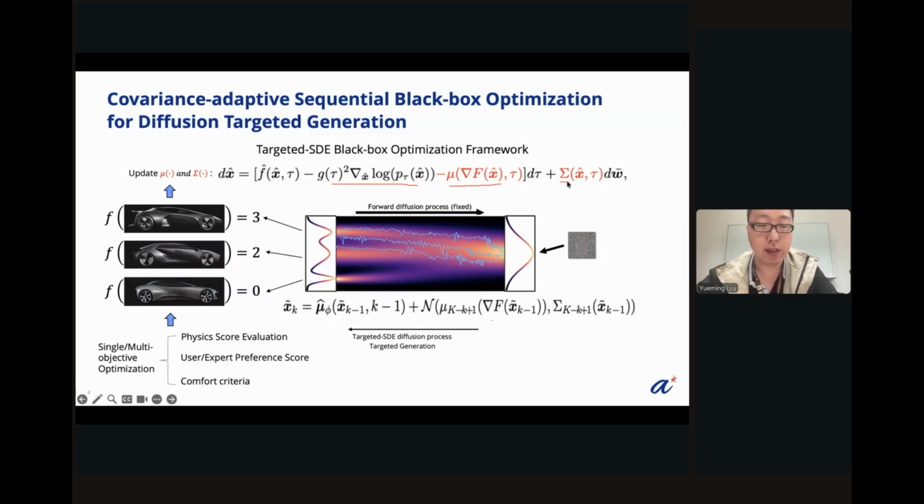In this framework, we start from Gaussian noise, use the pre-trained diffusion backward SDE to take a batch of samples, like different cars, evaluate the score of the samples based on some simulation package, and use this function value feedback to update mu and the covariance.